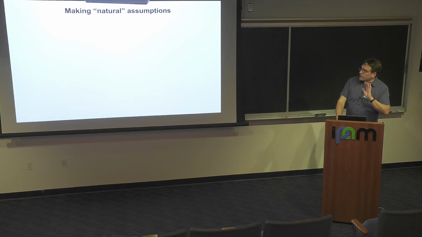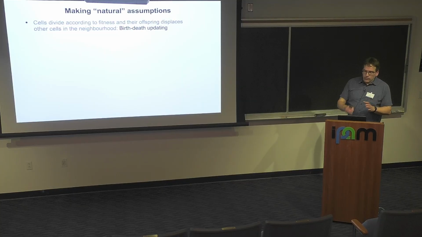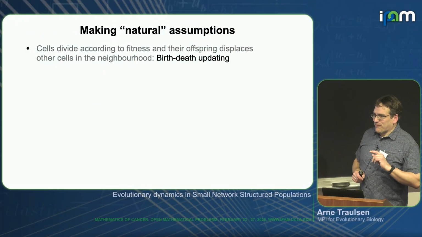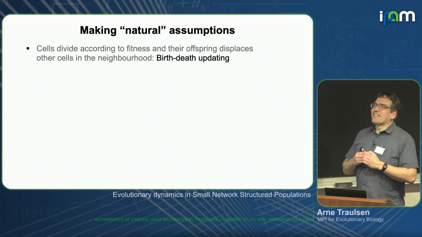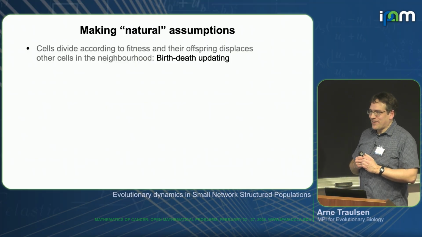But you can of course move on and say, okay, let's make some natural assumptions. One is you could just say cells divide according to fitness and their offspring displaces other cells. So you could choose to work on birth-death updating. I know that Natalia assumes that death-birth is more natural, which is also fine, so do both. But whenever we cite somebody for saying we could also work on death-birth, we cite you.